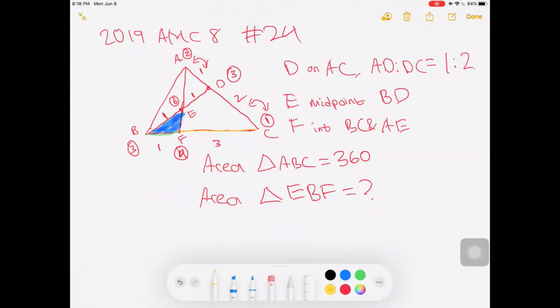And we can use that to find stuff like AE over EF. So we can find that to be 4 to 2, which is the same thing as 2 to 1.